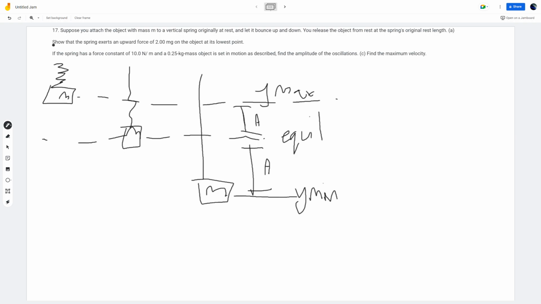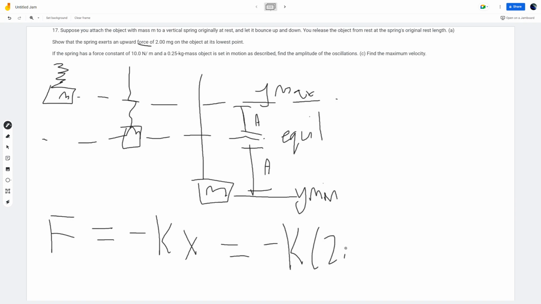So let's look at the first question. It says, show it exerts an upward force of 2mg at its lowest point. So if we think of upward force, we know for a spring that's negative kx. But in this case, what is x? x equals 2A, right? So k times 2A, because A is basically the distance traveled, times 2.